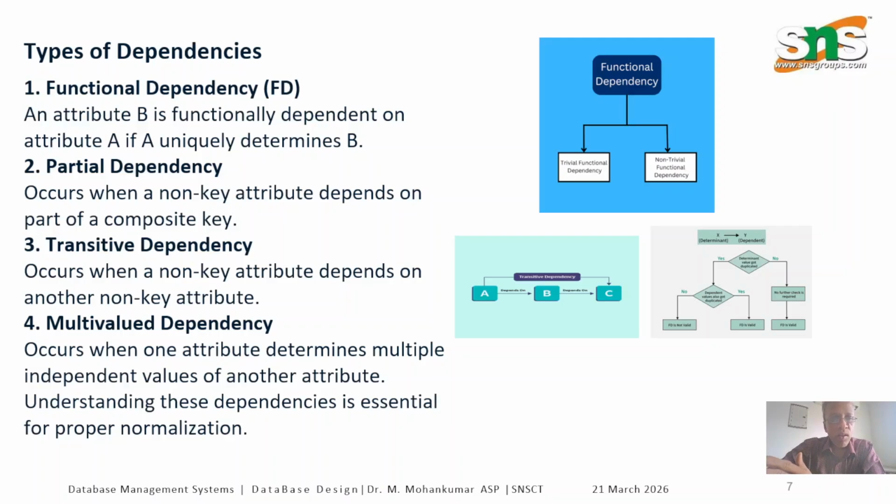Then transitive dependency occurs when a non-key attribute depends on another non-key attribute. Here we give some other examples of how transitive dependency will occur. For example, suppose we are collecting some information from the student, and they are not providing it in the right way. Then the reflection of that collected data gives the transitive dependency.